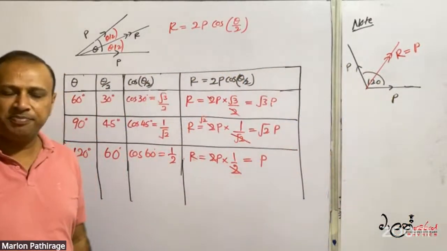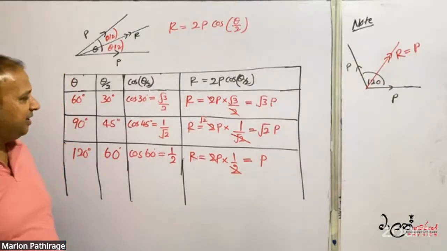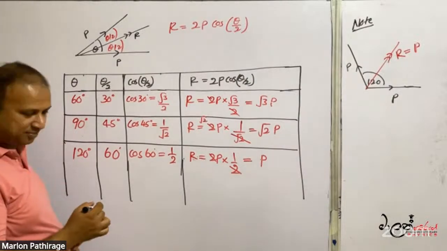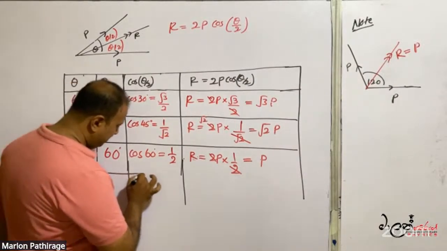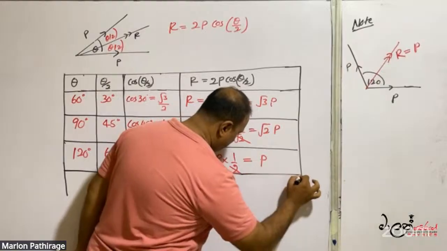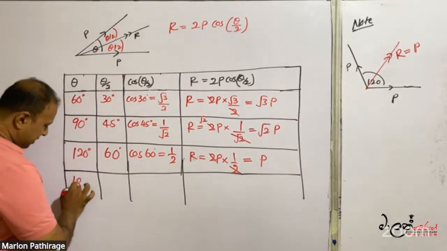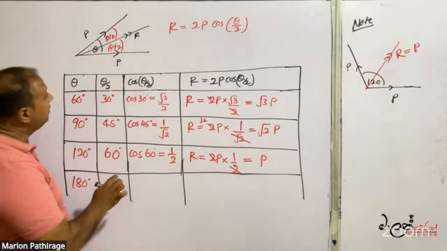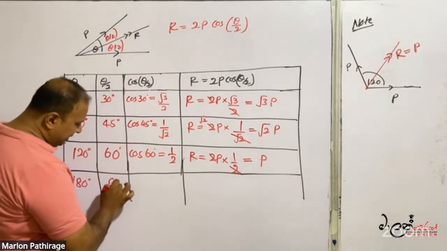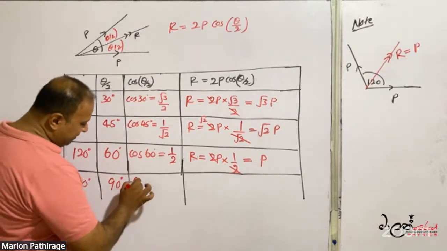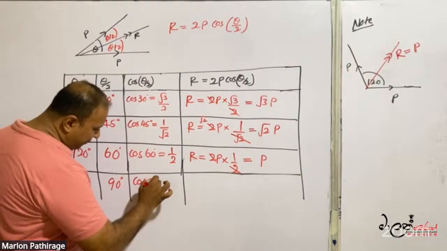Is that clear? If it is clear, please raise your hand. Then the last one. If it is 180, then the half angle is 90.